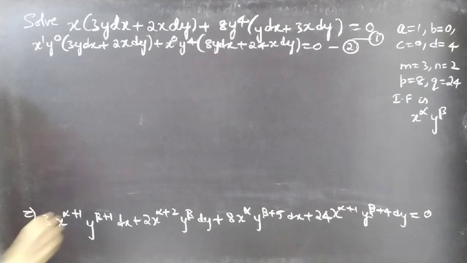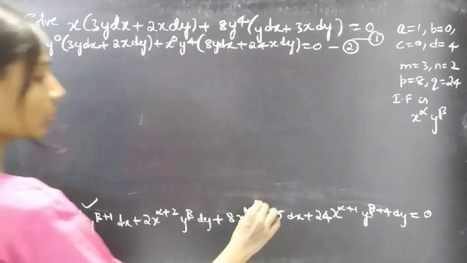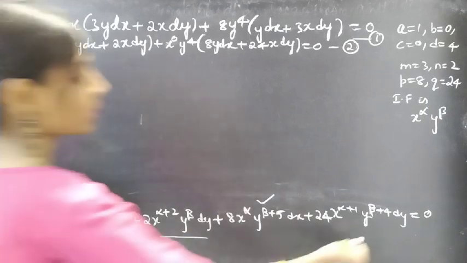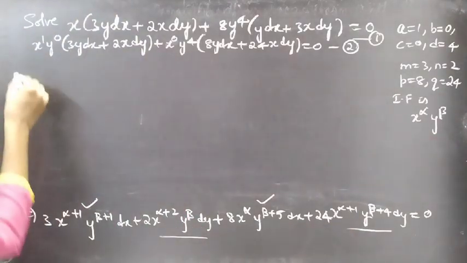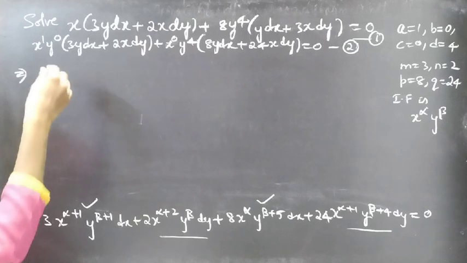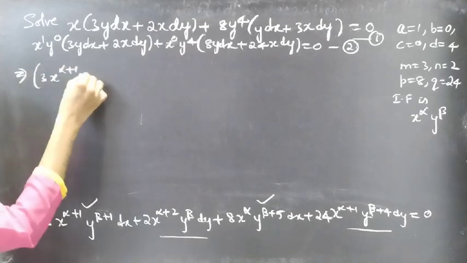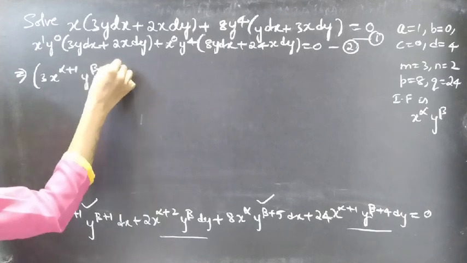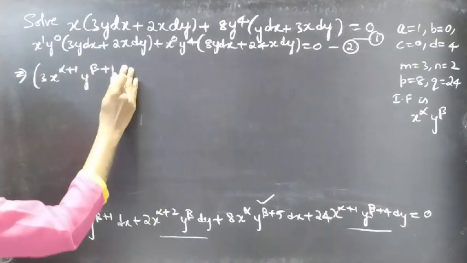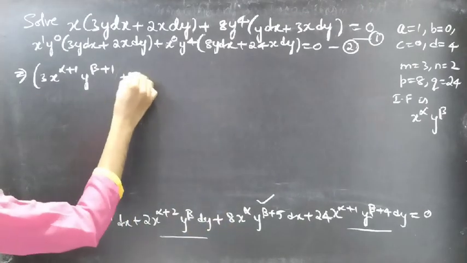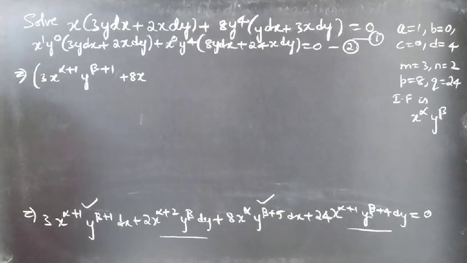Now let's take dx common from the first term and the third term, and dy from the second term and the last term. We'll get 3 x^(α+1) y^(β+1) into dx, plus we need to take dx common, right?